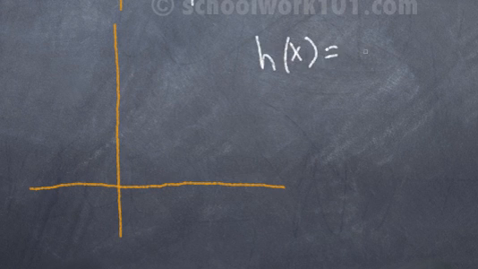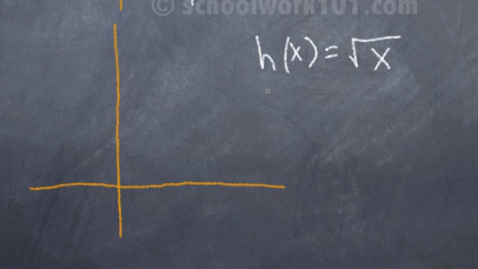So this time we're going to actually define what our function is. Let's call our function h of x, the square root of x. So h of x is equal to the square root of x. So we've defined our function, and I want to graph this function.